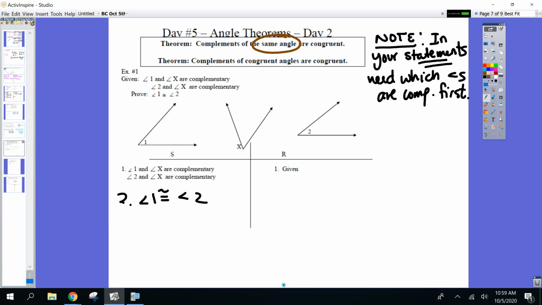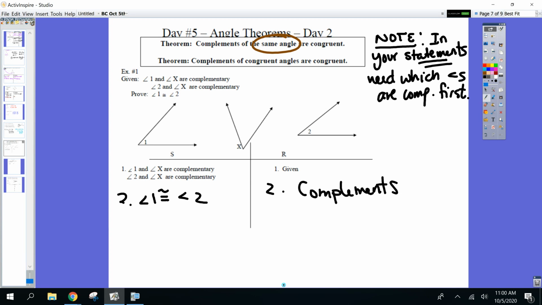Here's the new theorem. Complements. There's no I in complements. Have some self-respect. Okay? There's no I in the word complement. No letter I in the word complements. Okay?